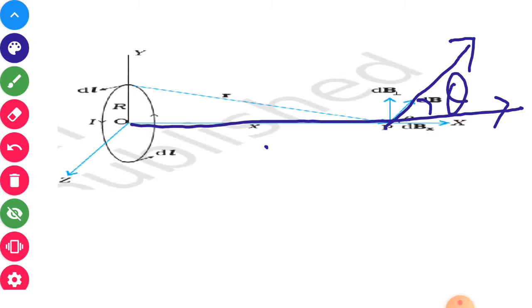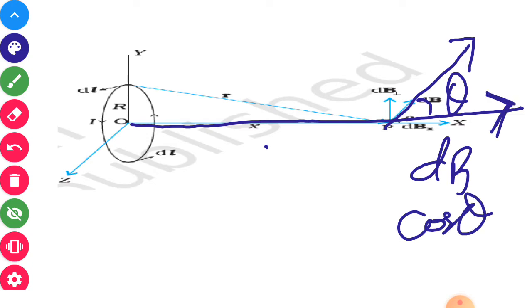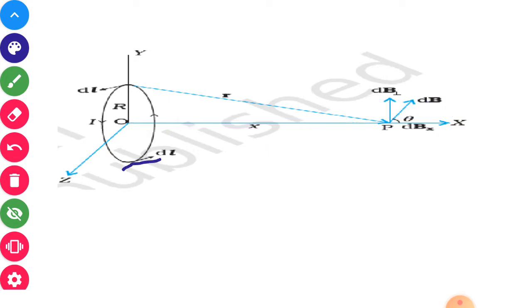So now the dB cos theta component will be in the x direction, and the dB sin theta component, or dB perpendicular, will be in this direction which is shown by me. Similarly, if you take another element in the opposite direction, then the magnetic field will be in this direction.